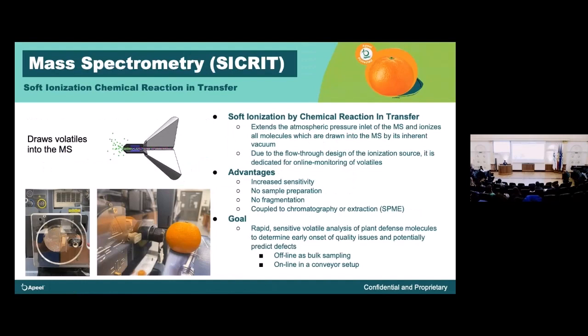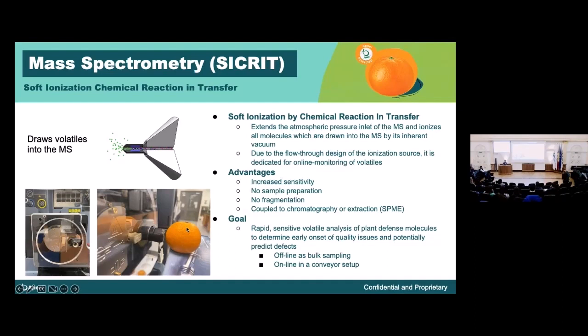And that's where we went into this soft ionization chemical reaction transfer mass spectrometry. This is just an adapter that fits onto our Zevo TQD, and it draws in the volatiles using just the natural vacuum of the mass spec. You can really just put your piece of fruit right in front, and you start to see its mass spectra.